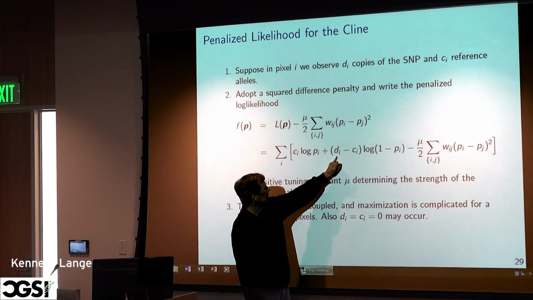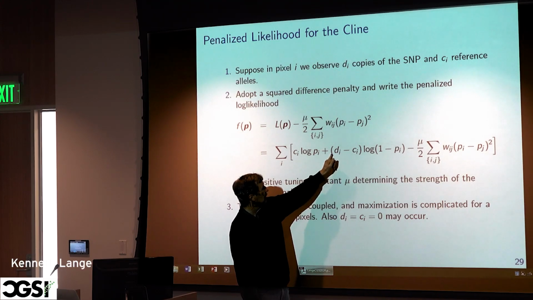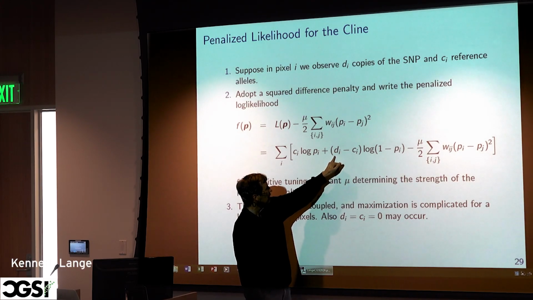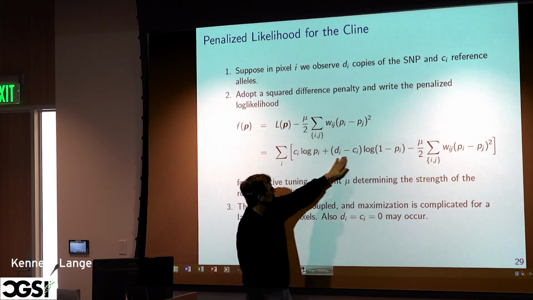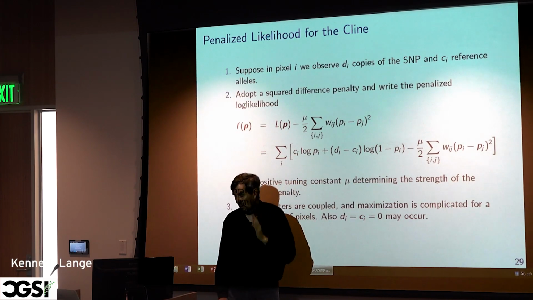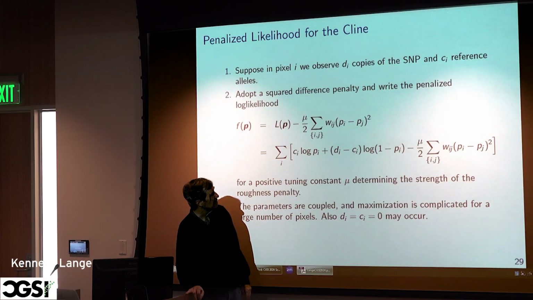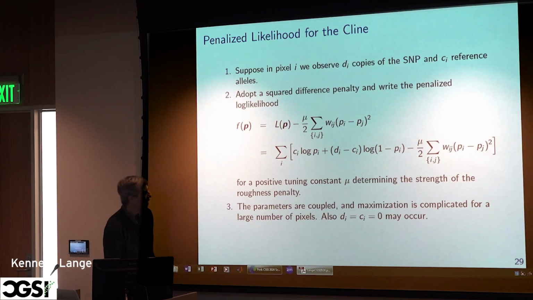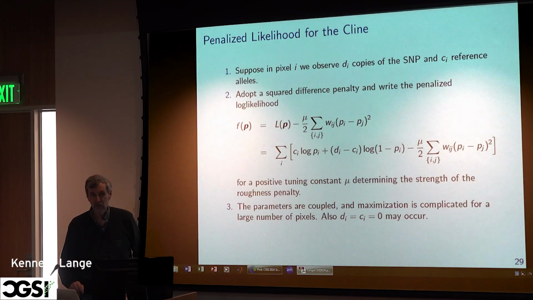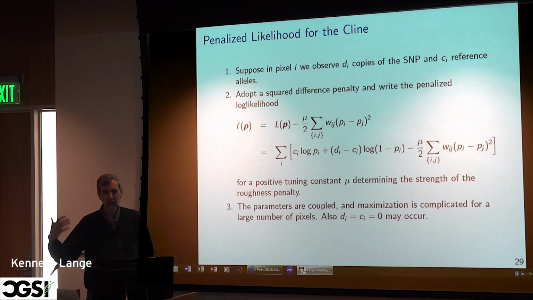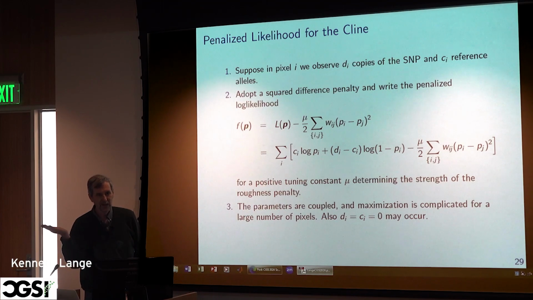We observe d_i over 2 people, that means d_i alleles in total. This piece is the binomial. So this is penalized maximum likelihood. And this tuning constant mu determines how much we smooth. If we set it too high, all the pixels have the same value. If we set it too low, there's no smoothness.